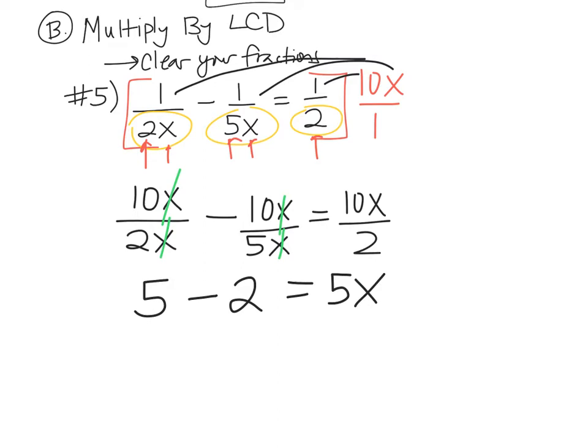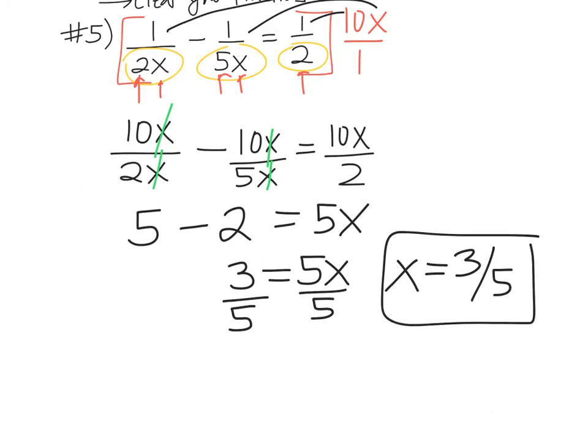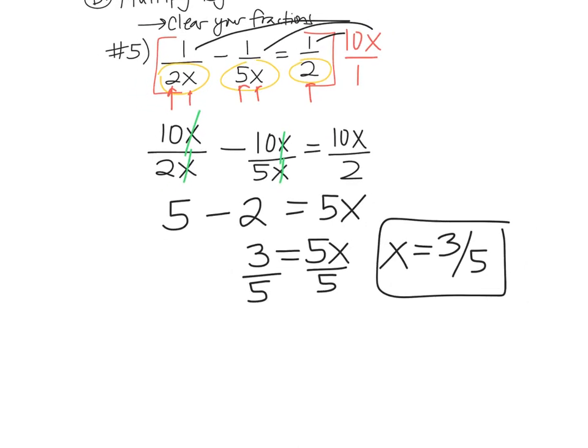We made it super complicated, but then all of our fractions ended up reducing. And now we have this to solve. So we get 5 minus 2 is 3 equals 5x. And then divide both sides by 5. So the answer to x in this problem is 3/5. I know, right? That was tough. We're going to do some more of those.